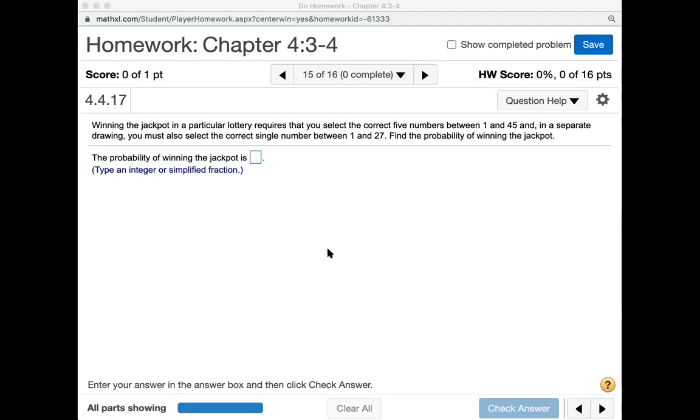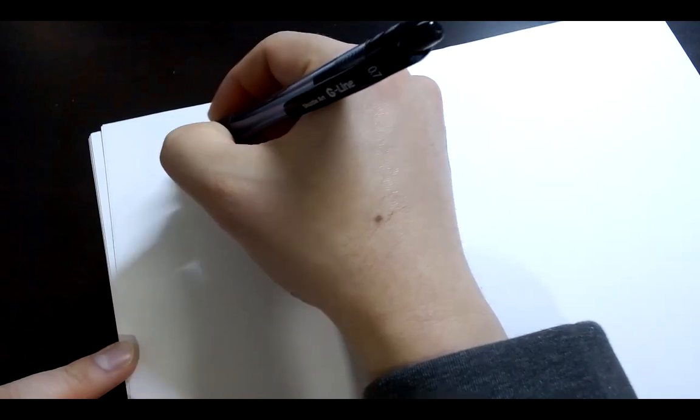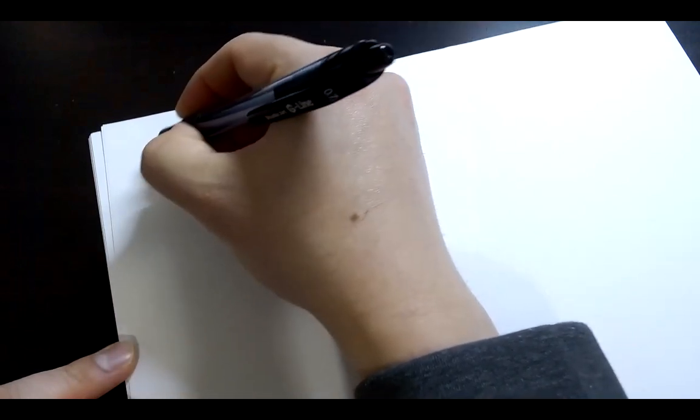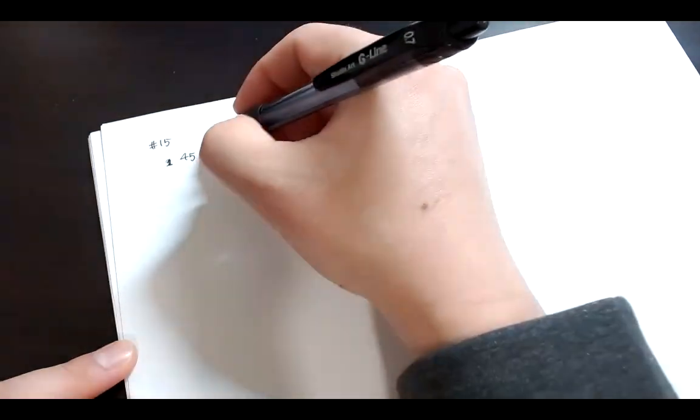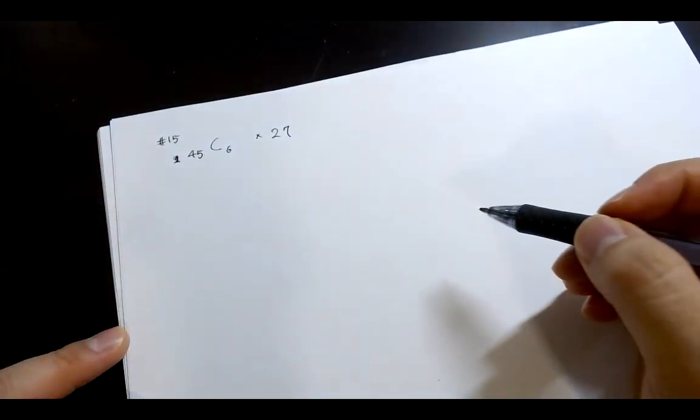Now let's figure out the answer on the sketch paper. For problem number 15, we need 45C6 times 27. That's the total number of ways to choose the six numbers and one single number.